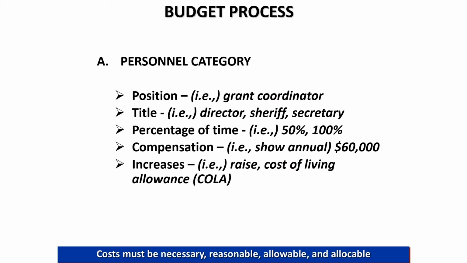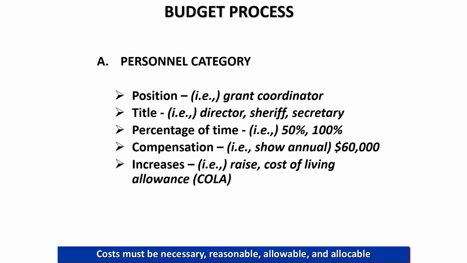In the personnel category is where you're going to identify all of the staff that will be working on this particular grant program. It is important to at least identify the position. Sometimes when you enter a person's actual name in this application, if that person leaves, you may be required to submit again in order to change that.